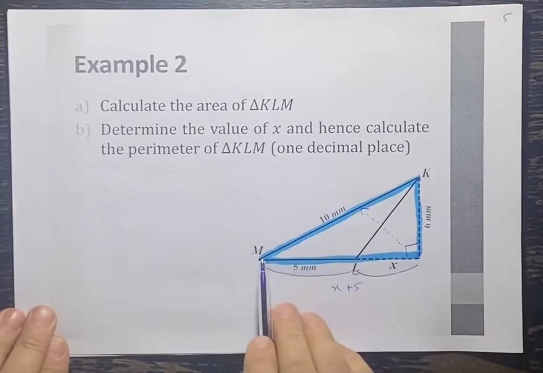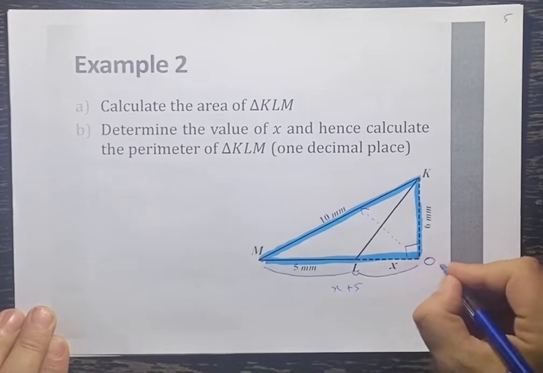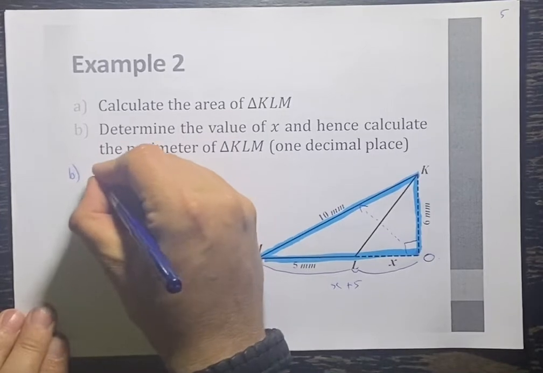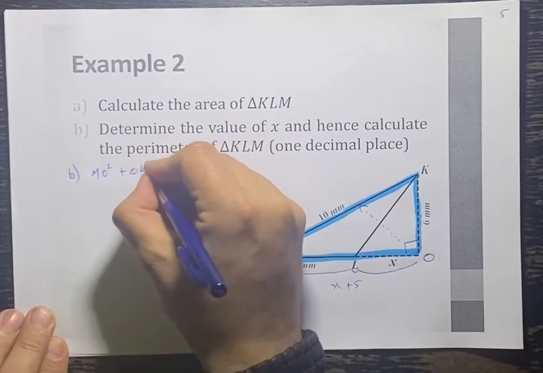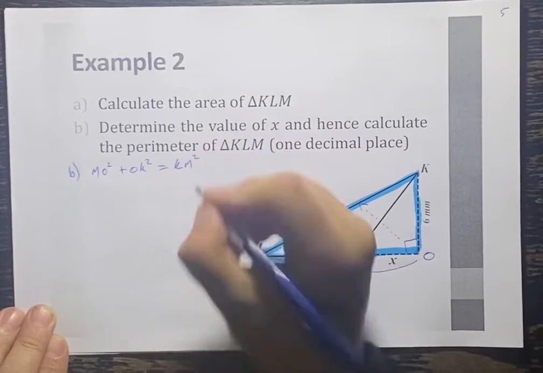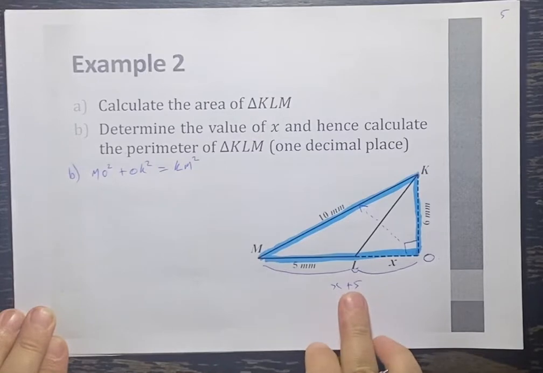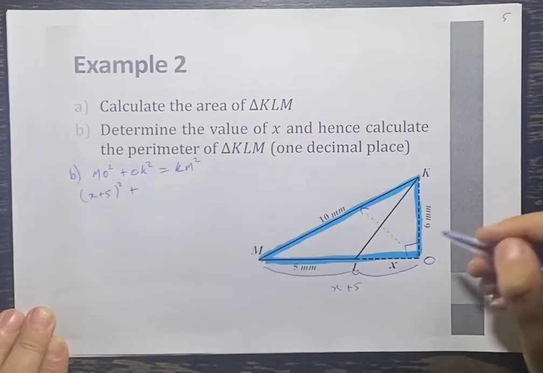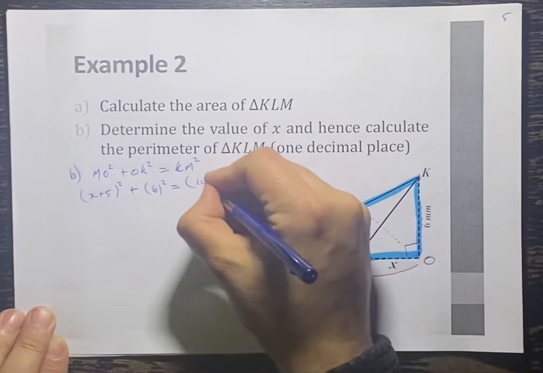So let's use Pythagoras. So it's M, and let's just call this O. All right. So MO squared plus OK squared will be equal to the hypotenuse squared, which is KM squared. I'm just going to substitute the values in now. So the length of MO was x plus 5 squared, plus OK is 6 squared, equals KM is 10 squared.